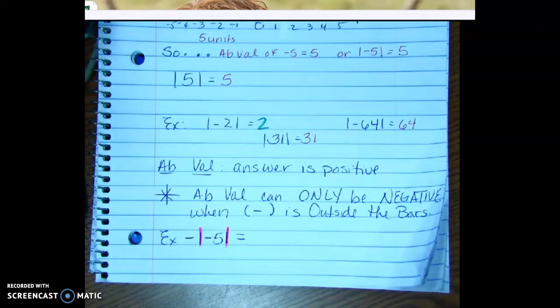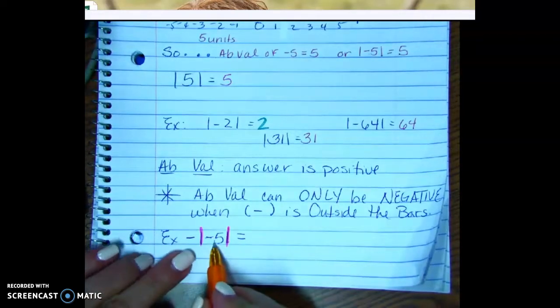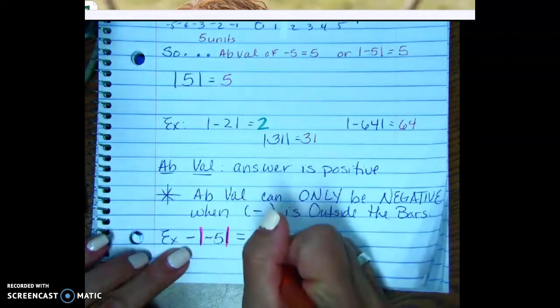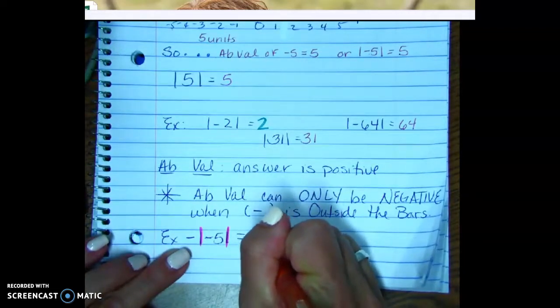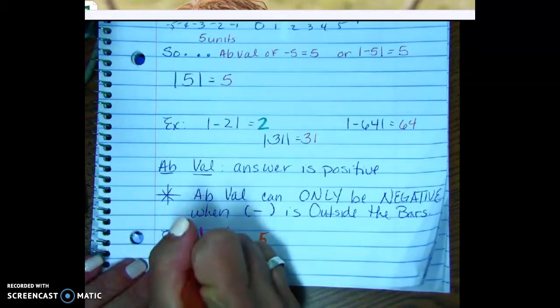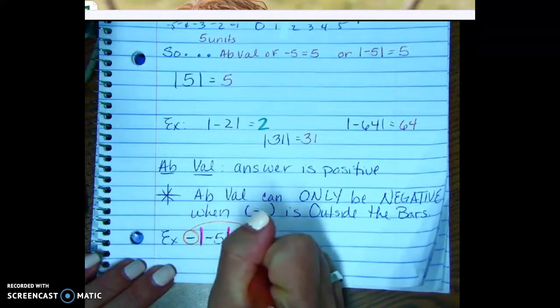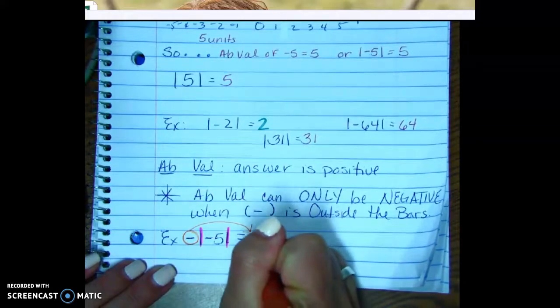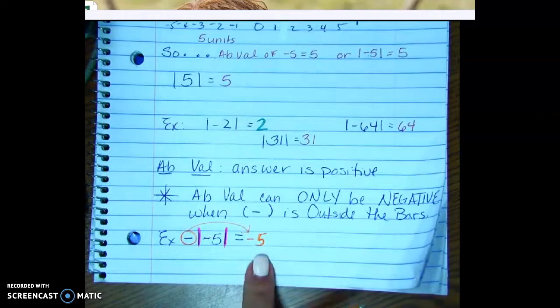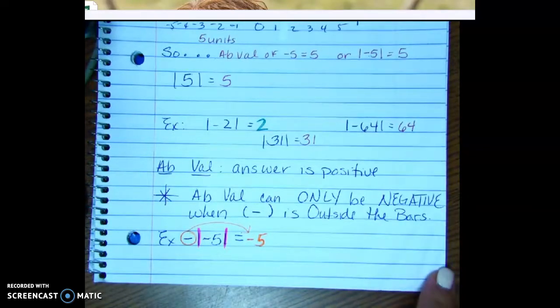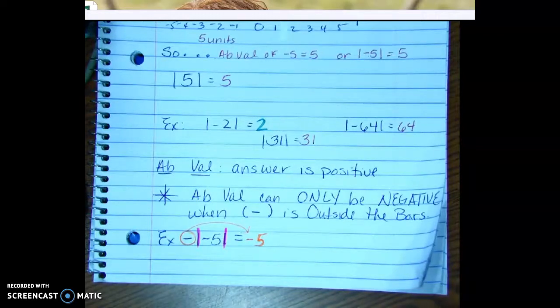So here we go. What is the absolute value of negative 5? It's 5. So it's 5 units from 0. But they put this negative symbol on the outside, so we have to put it also on the outside. You will see this in homework, so that is just something that you need to be aware of.